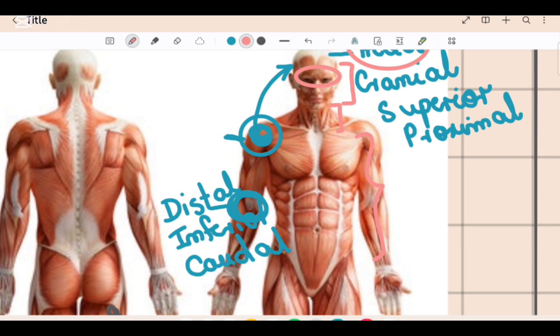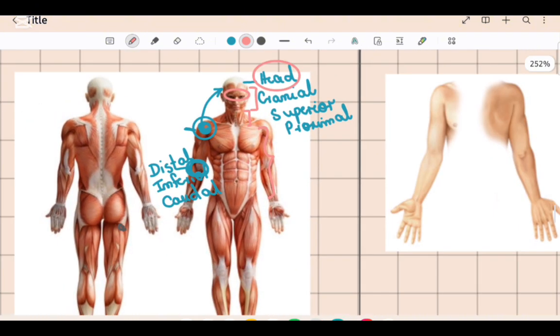Now caudal is basically below or close to your tail. In humans, the tail is no longer found. It's just some remnant of it as your last vertebrae. So we basically consider it also in relation to your head: anything away from the head is caudal, distal, or inferior. So that was about the cranial, superior, proximal, and the distal, caudal, and inferior parts.